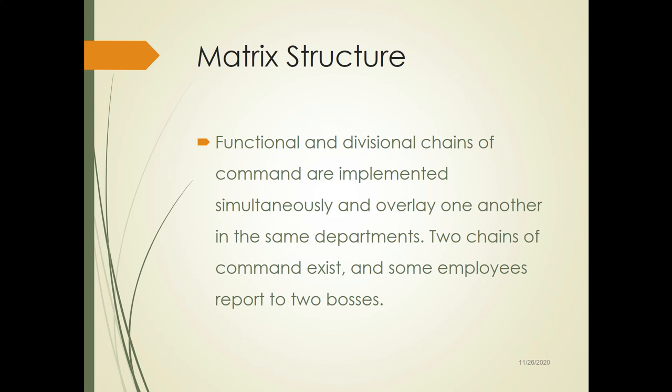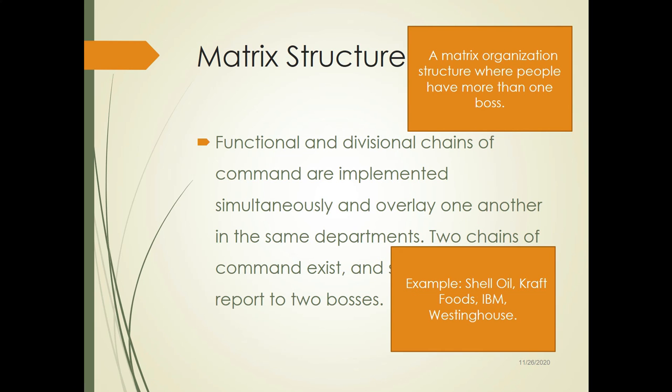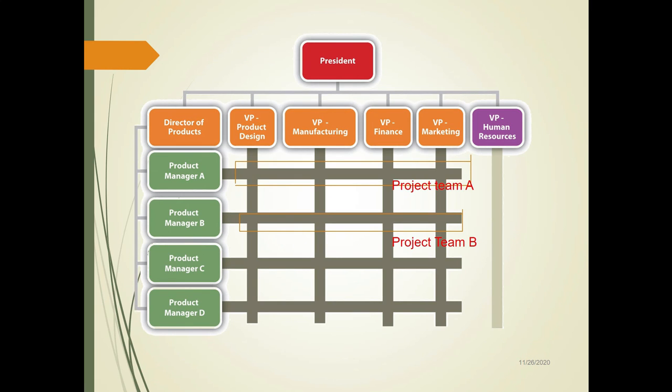It's possible in a matrix structure. In a matrix organization structure, people have more than one boss, as mentioned earlier. Examples are Shell Oil, Kraft Foods, IBM, or Westinghouse.